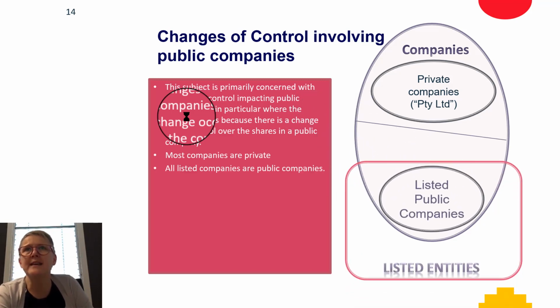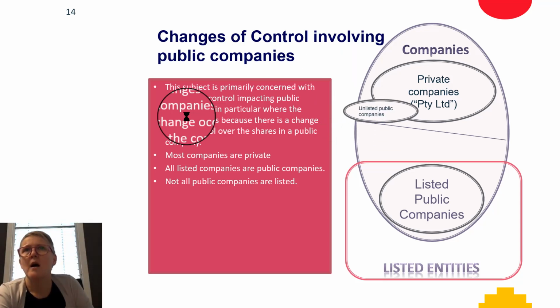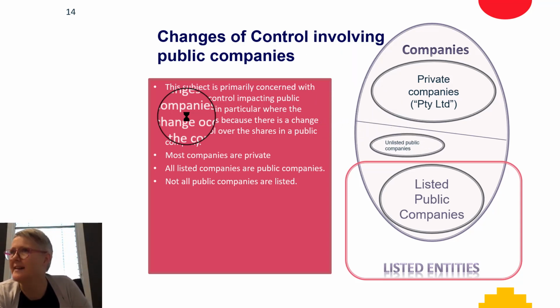But if we're thinking about listed companies, all listed companies are public companies. But we also have public companies that are unlisted, and when they have more than 50 shareholders, these rules will apply to them as well, even though they aren't listed companies.